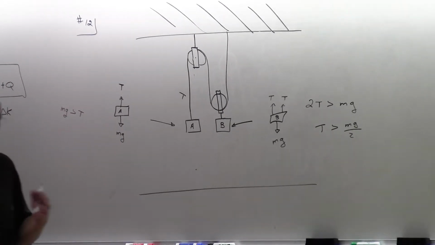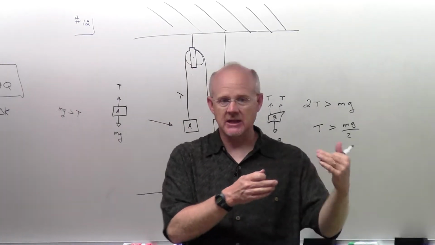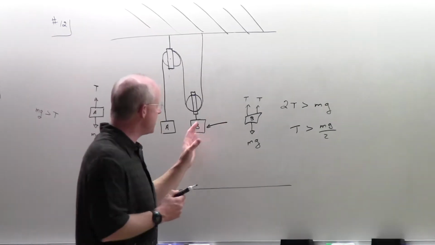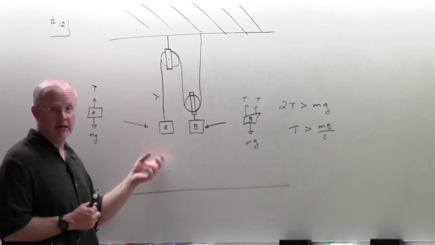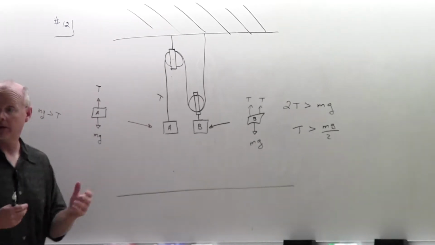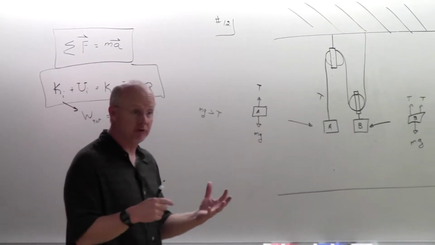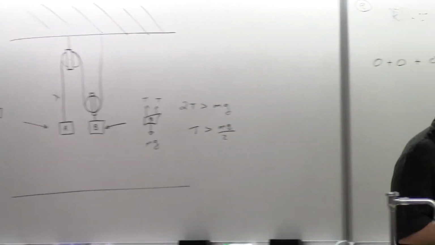And so the tension is somewhere more than half the weight, but less than the total weight. That would be the explanation of why 2T would be enough to lift it up, and 1T wouldn't be enough to lift it up. Now, I'm not even sure that that's all that helpful in what I'm about to do, because we're doing conservation of energy here. But it does fit in that general first step.